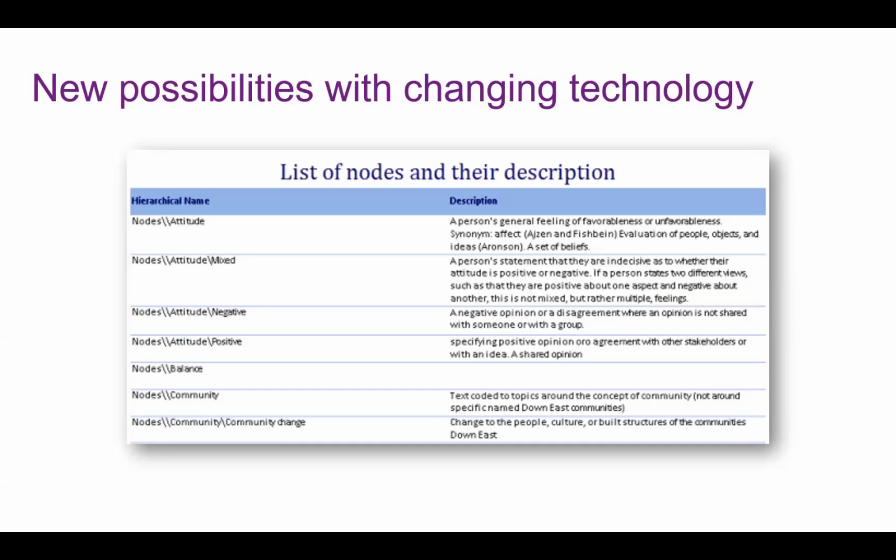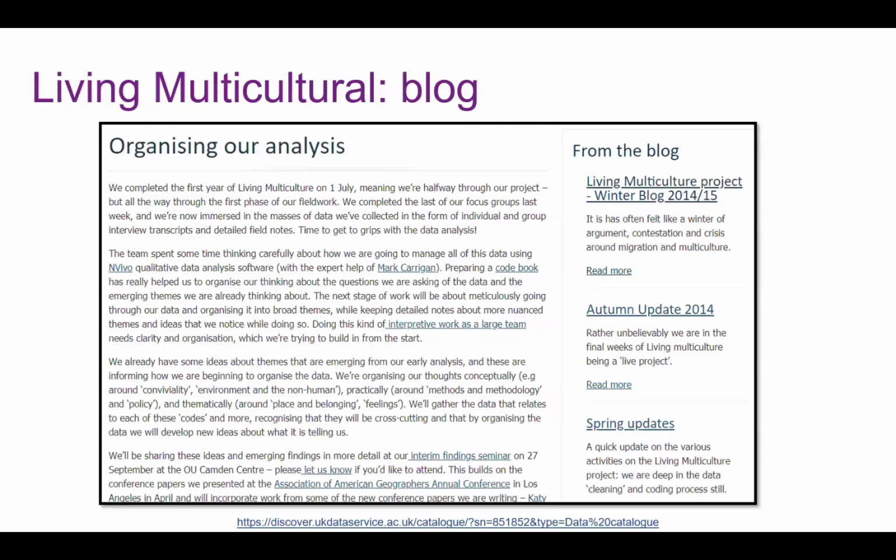So basically, this list of nodes and their descriptions, we had all of that work for this collection, but done by hand. So it was 16 shelves that we had to dedicate to holding the coding of those transcripts into these key themes. And now we can download all of that as a single file at any point, during or after our coding is done.